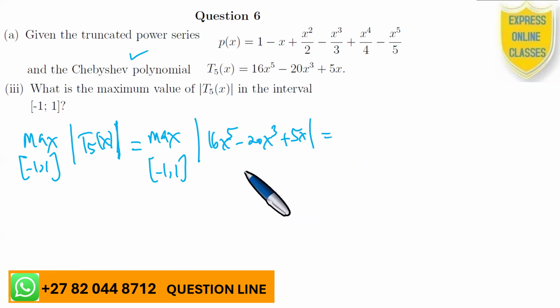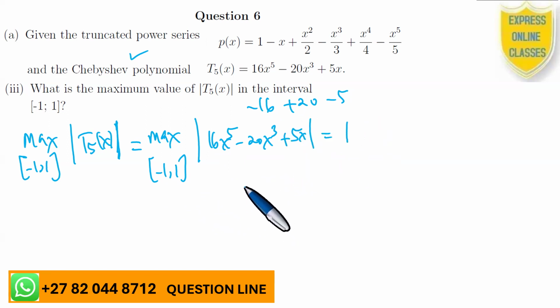Right, if you substitute everything into this, you have to obtain the following. So there is minus 1 to 1. If you substitute 1, what do you get? You get 16 minus 20, which is a minus 4, plus 5, which gives us exactly a 1. But if you put minus 1, it's going to be minus 16 plus 20 minus 5, which is exactly minus 1.